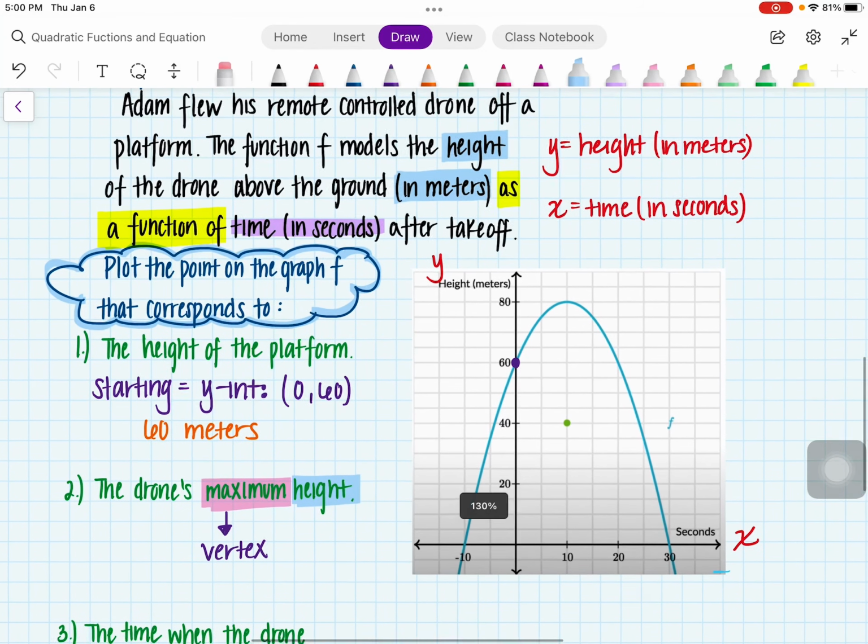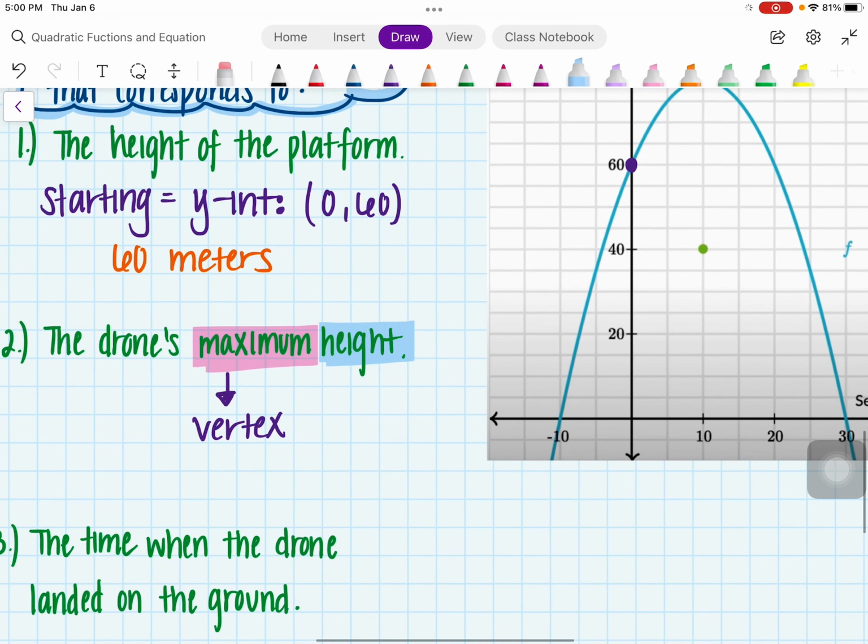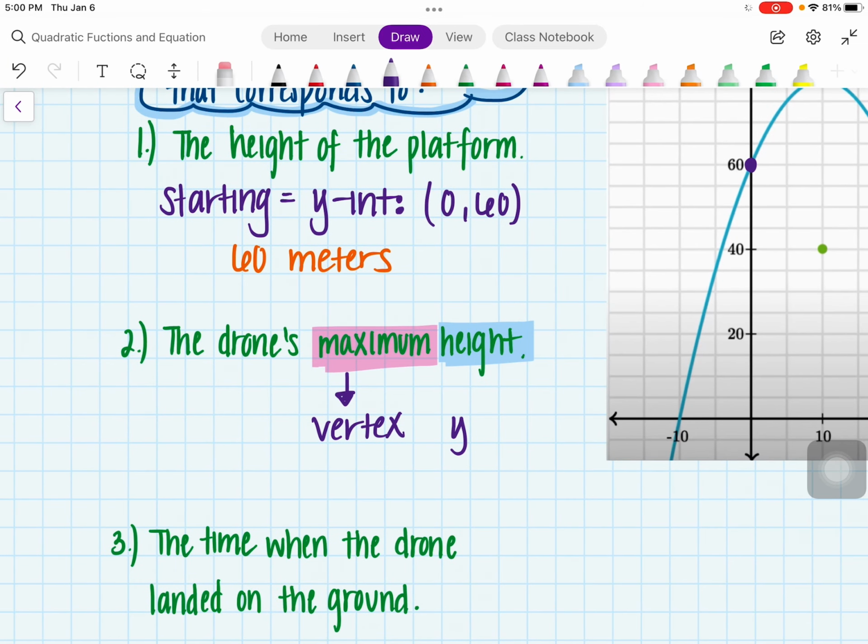Going back to the beginning, what does height represent, x or y? The height represents y. So because we're looking for y here, we're looking for the value of the y-coordinate of the vertex.